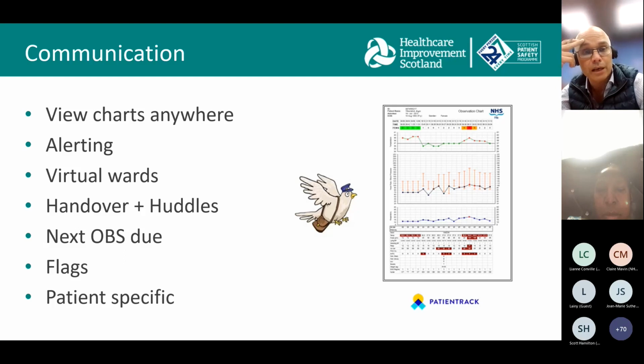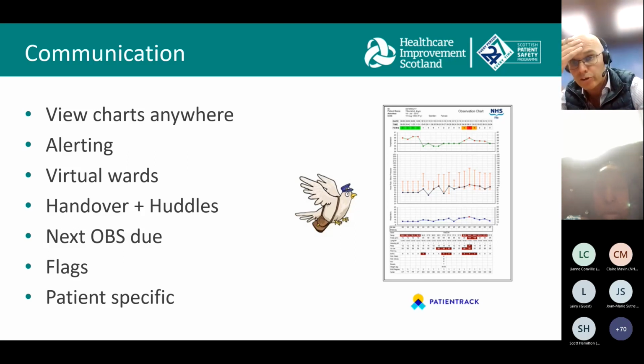What else? Well, a couple of things that I've put at the bottom there are flags and patient specificity. And what I mean by flags is that because it's a communication tool, what you want to do is communicate not just maybe the early warning score, but other important pieces of information.